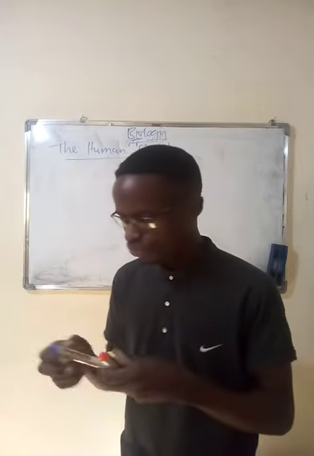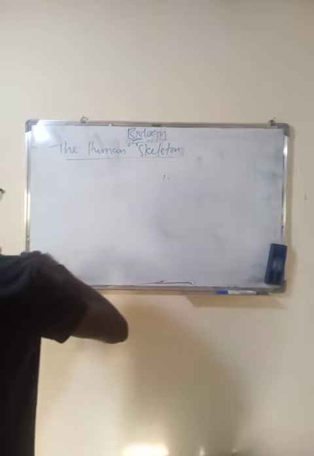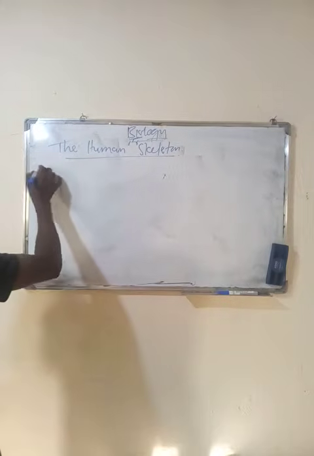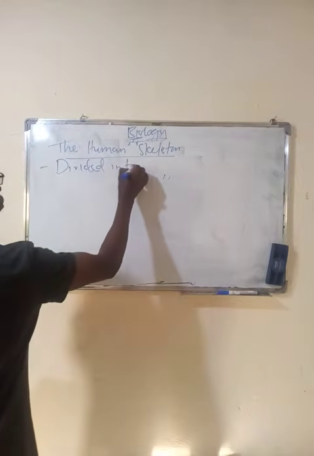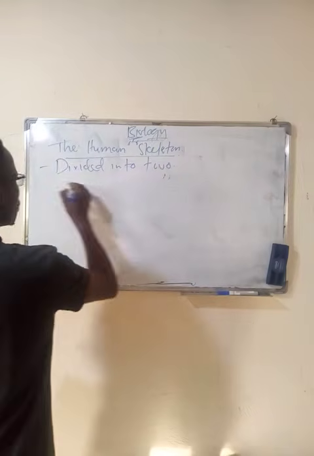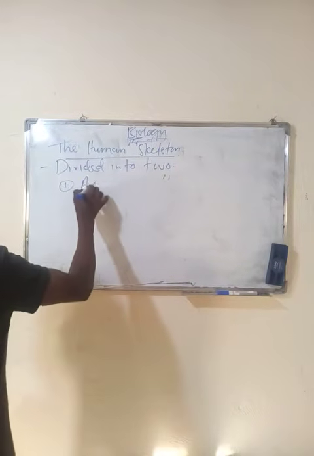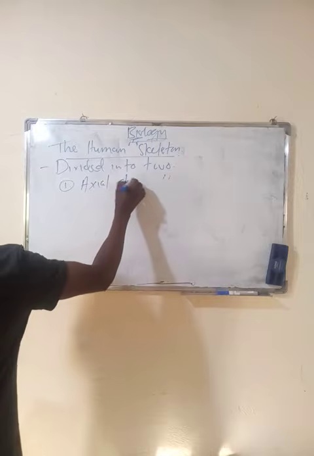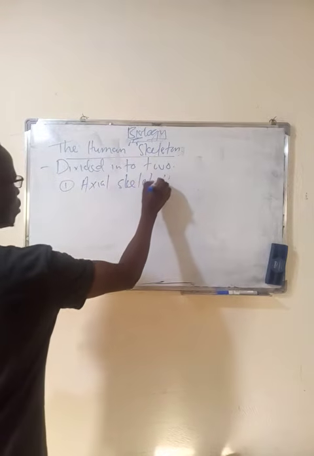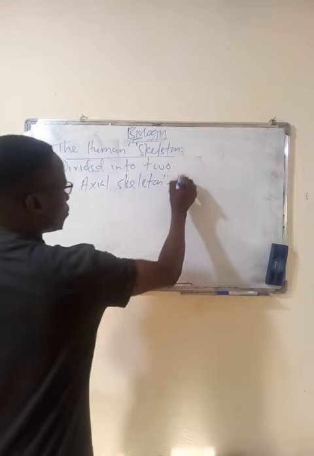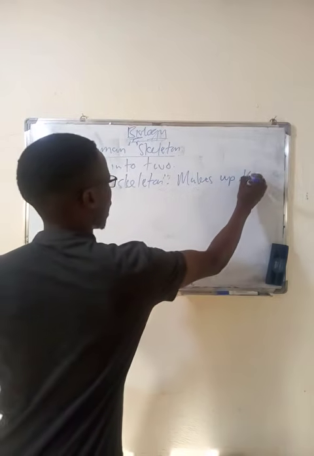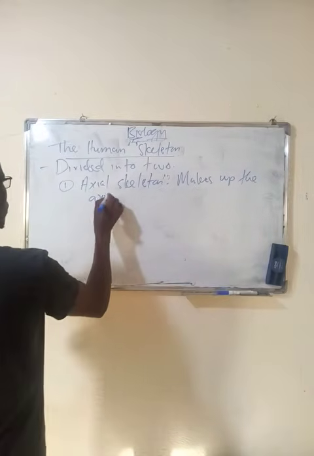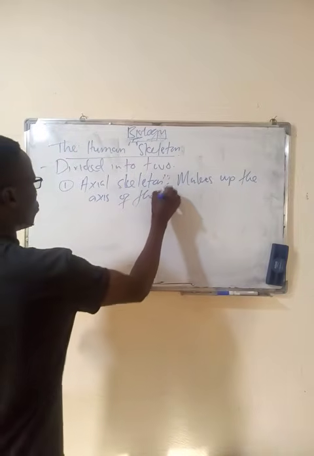So all those bones and the joints there belong to what is called the appendicular skeleton. So we're saying that it's divided into two. One, we have the axial skeleton. It makes up the axis of the body, right?